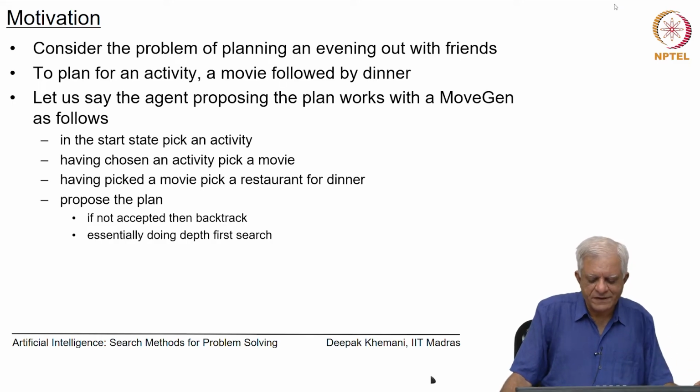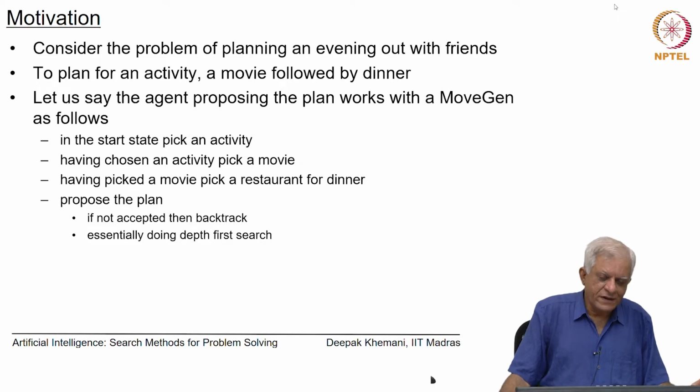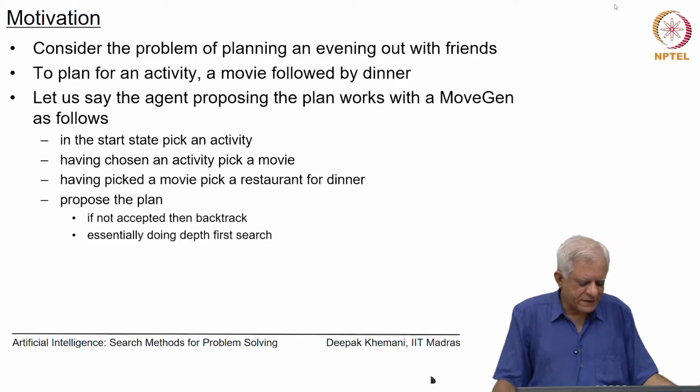You are working with something which is like a move gen function in the state space. It would be as follows: in the start state you first pick an activity, then having chosen an activity you pick a movie to go to, and having picked a movie you pick a restaurant for dinner, and you propose this as a plan to your friends. If they accept it, it is good, we can go ahead and execute it. If they do not accept it, you backtrack essentially.